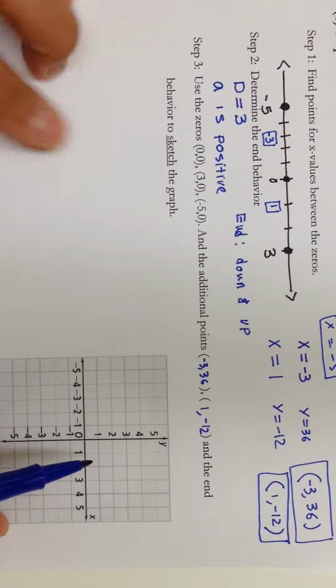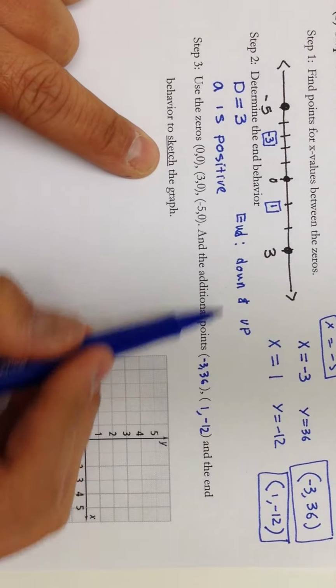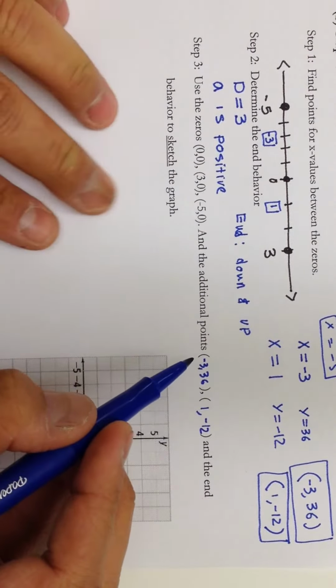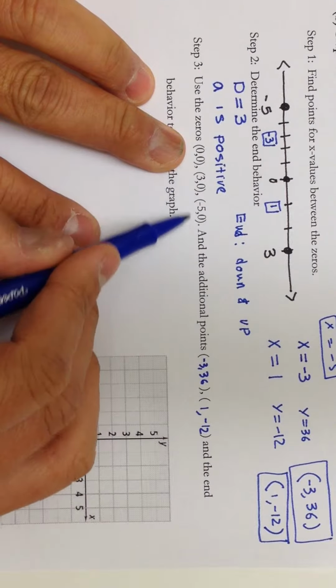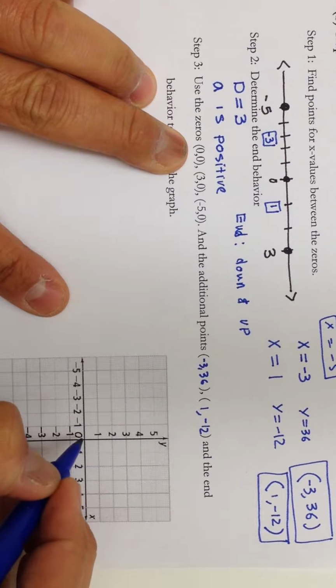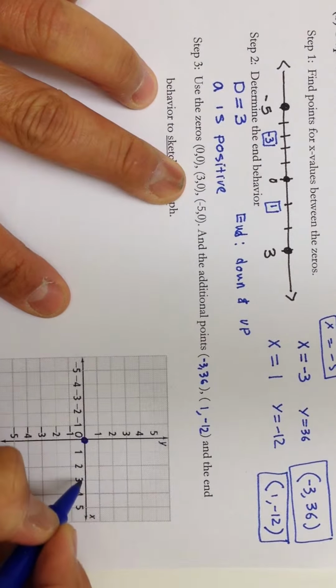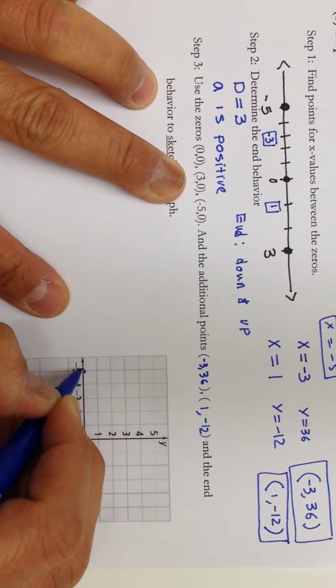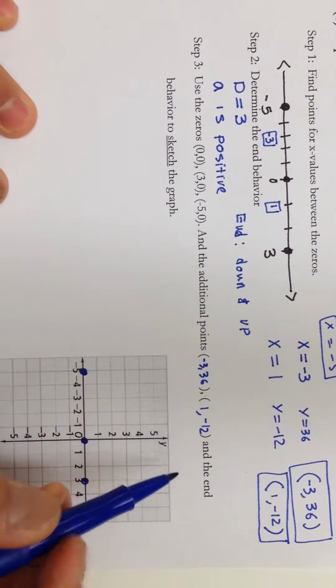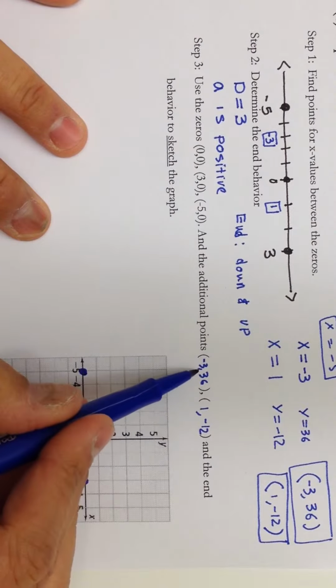So I'm going to start off by sketching the end behavior. So the graph, actually let's plot these points first. So the zeros will be (0, 0), (3, 0), and (-5, 0). The additional points are (-3, 36).